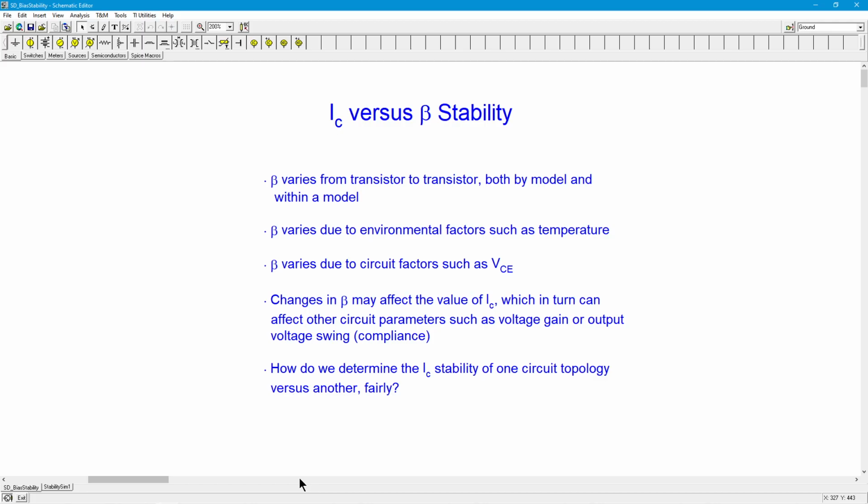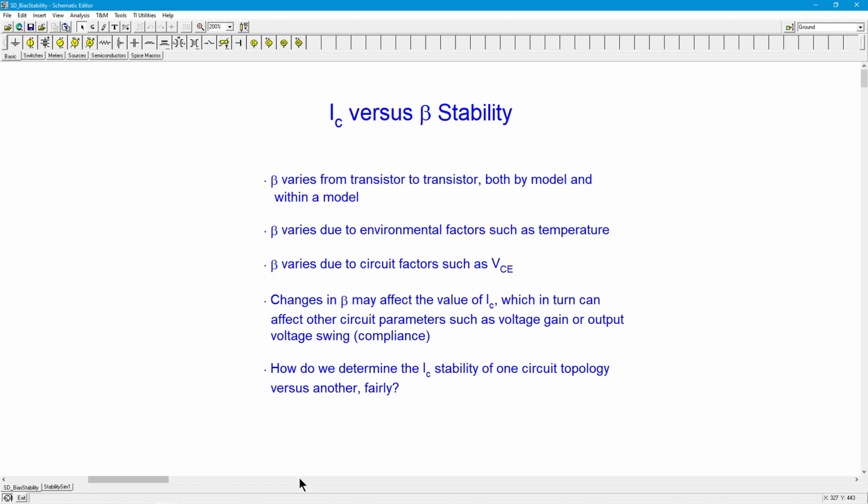So making sure that the collector current is stable is important because a stable collector current will lead to stable circuit performance. If the collector current's varying all over the place, then my circuit performance can vary all over the place, right? I don't want to get an amplifier, find out that some of them have a gain of 25 and other ones have a gain of 37 or 18, right? We want consistency here.